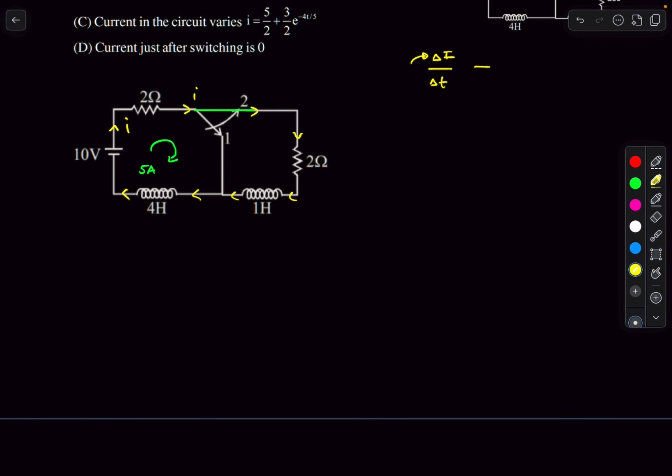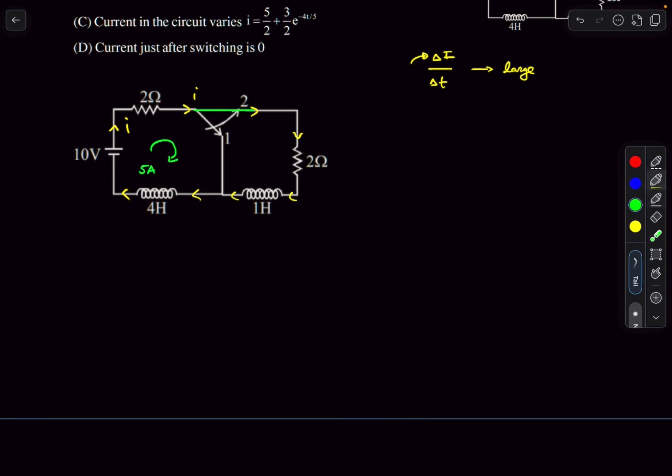So which means this value is going to be very large. Which means this quantity will be very large. Now the EMF across the inductor branches is also dependent on the value of delta I by delta t. So in this particular case, the EMF across the inductors is extremely large, so as to change the current in the circuit very quickly.